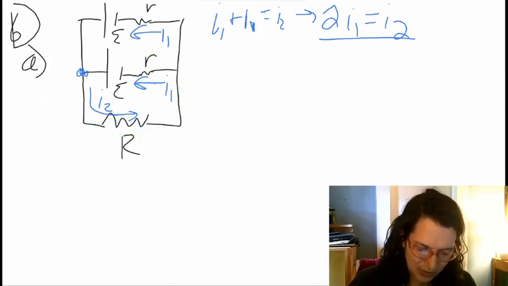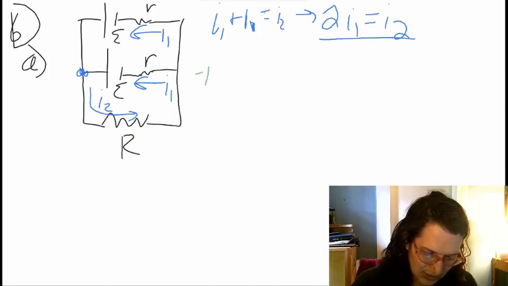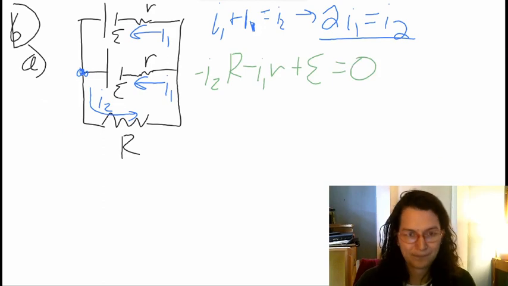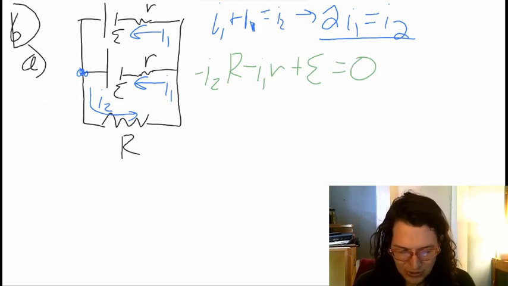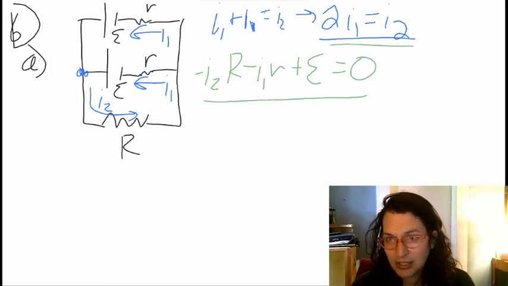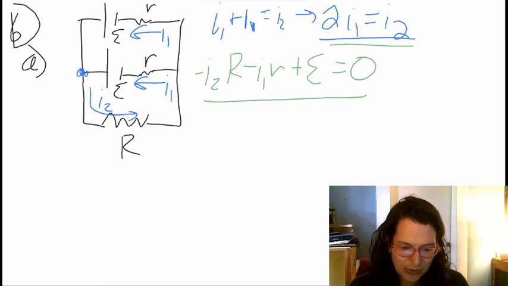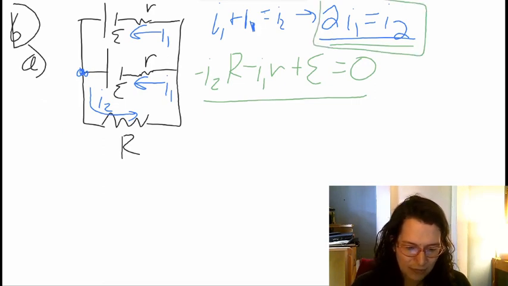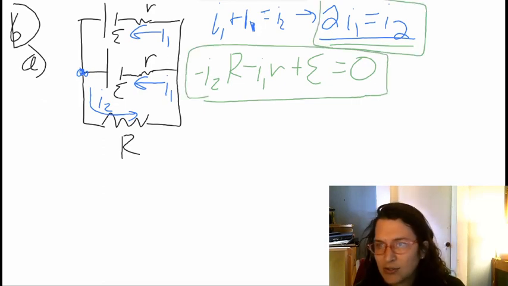So to put that all together, we have minus I2 big R minus I1 little r plus epsilon is equal to 0. And you could rearrange this equation, but we have essentially here two equations, two unknowns, and that will allow us to solve for the currents.